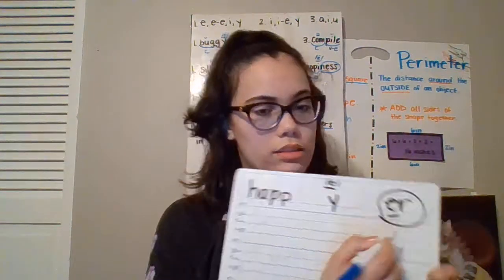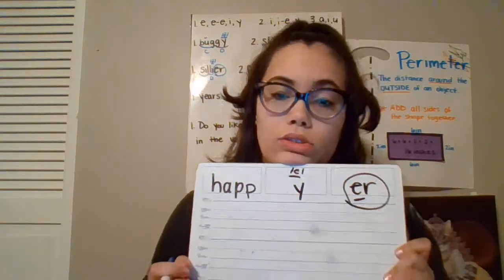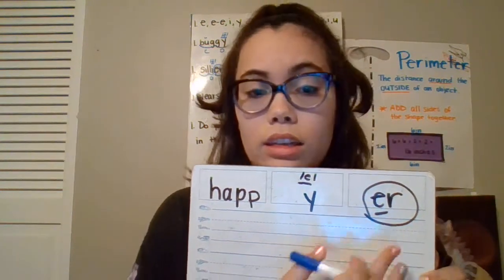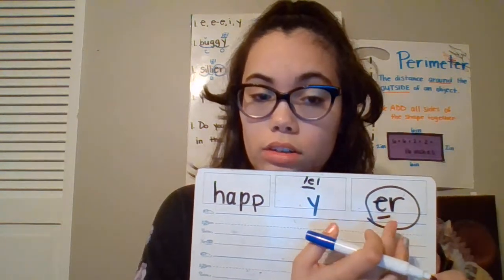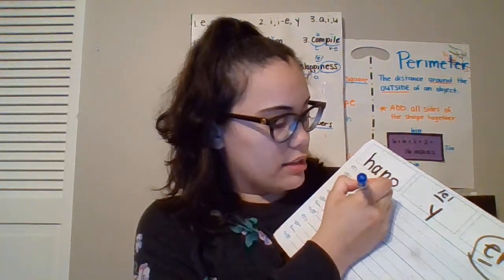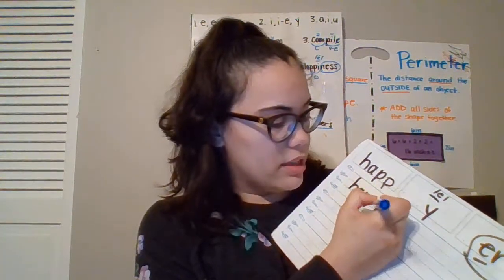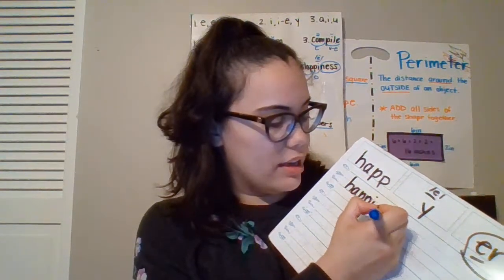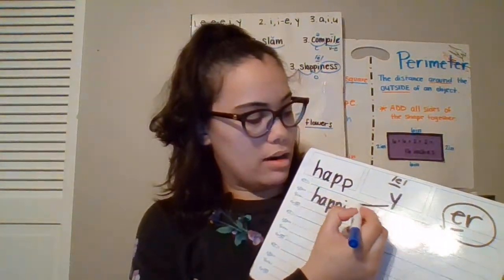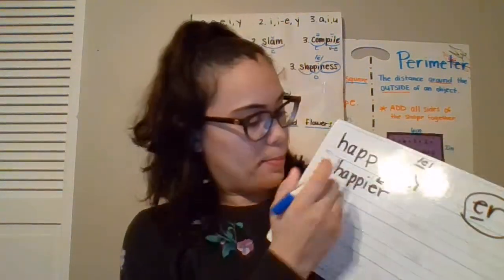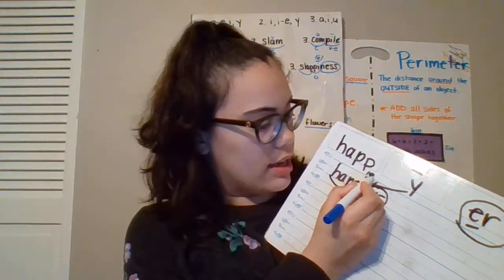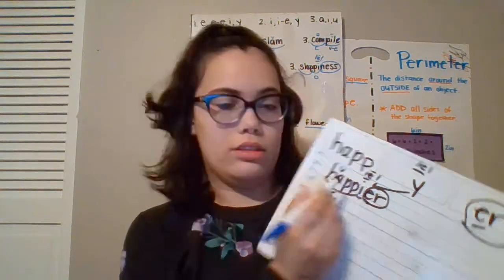The suffix starts with an E. So would I have to change this Y to an I? Yes, because the suffix does not start with an I. Now, there were some people putting IE. Again, that's a vowel team, and we're not working with vowel teams yet. So happier. See how that Y changed into an I? Then you would still scoop it, happier, and this just gets the E at the end. This is just a closed syllable. Happier.